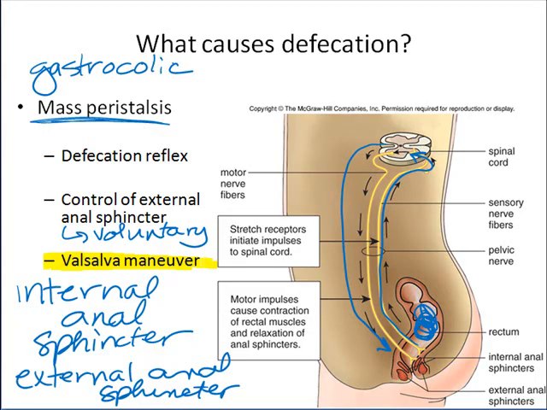It involves taking a big, deep breath of air and then closing the mouth, holding that breath, and pushing downward onto the abdomen. What that does is increase the pressure on the abdomen and on places like the rectum, and that helps to push the feces out of the body, or if we're in labor and delivery, it helps to push the baby out of the birth canal.